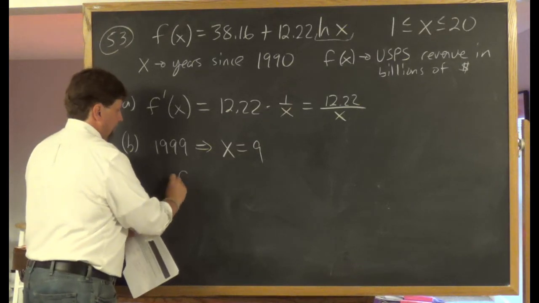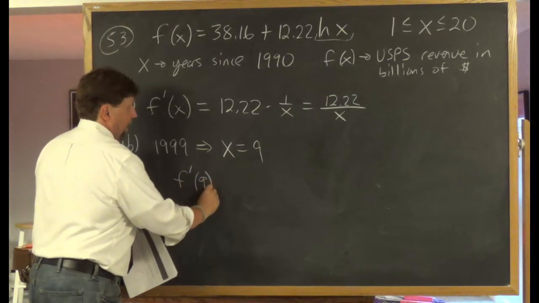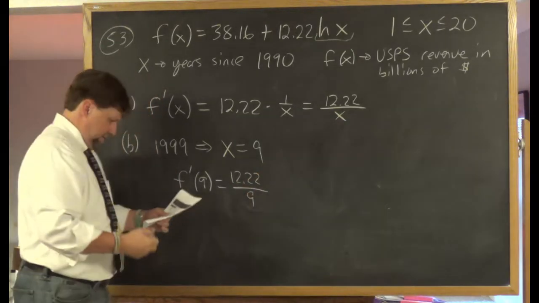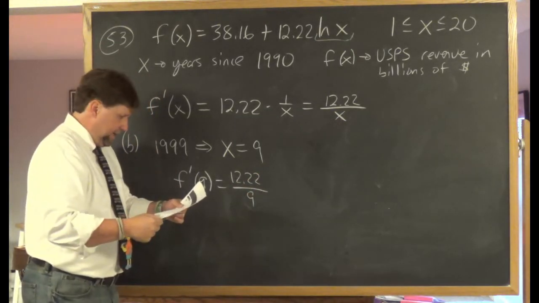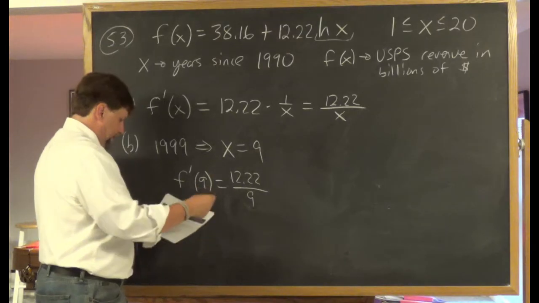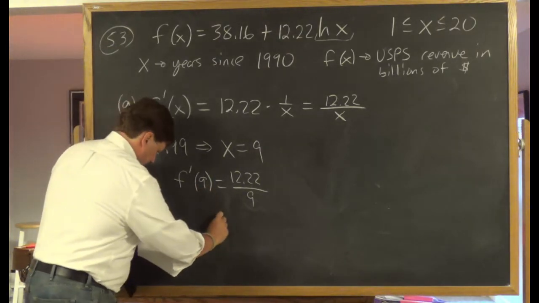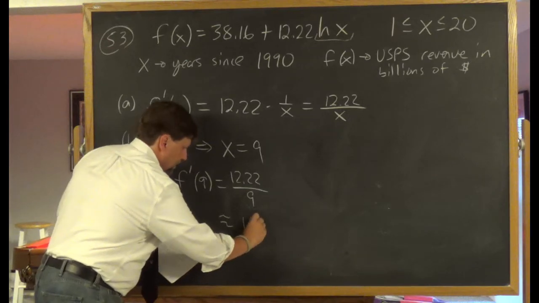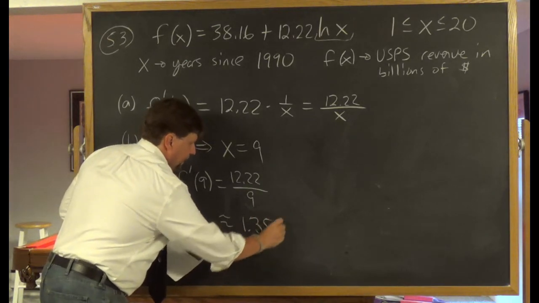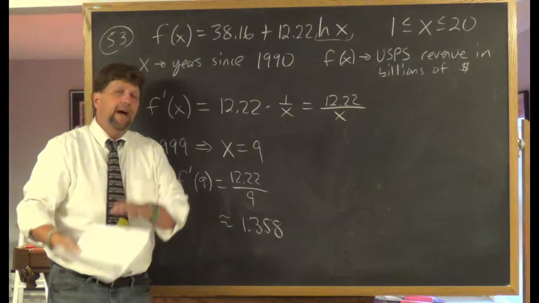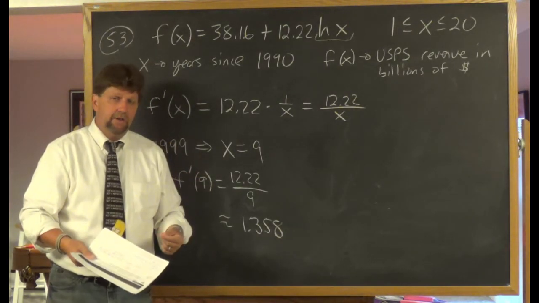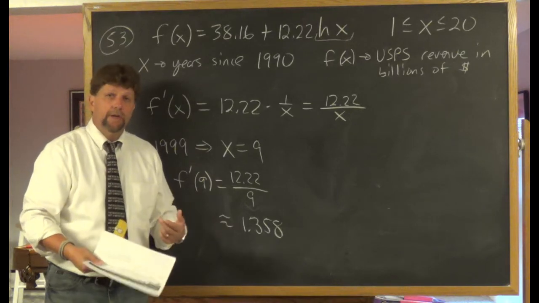And we get f prime of 9 is 12.22 over 9, which according to my calculator, when I take 12.22 and divide it by 9, I get something pretty close to 1.358. Okay, now we've evaluated a derivative. That means there have to be units attached to it. So what are these units?